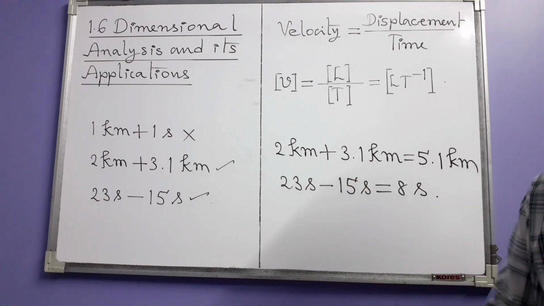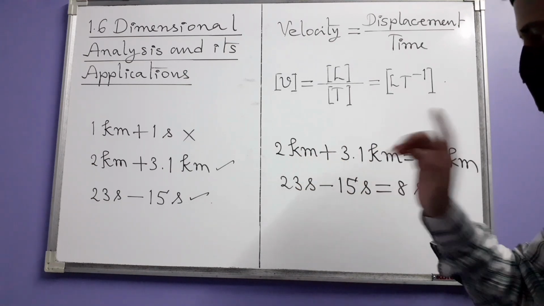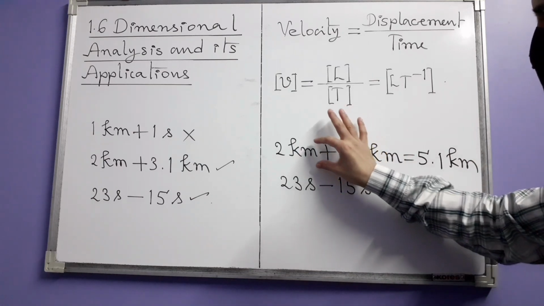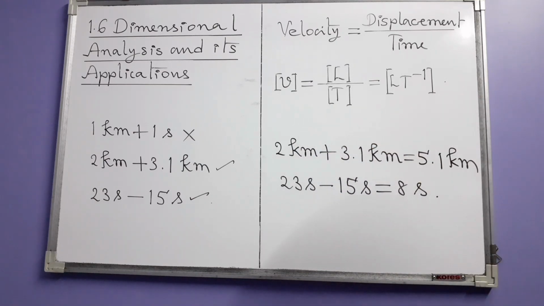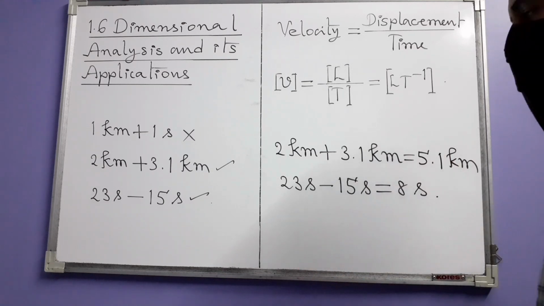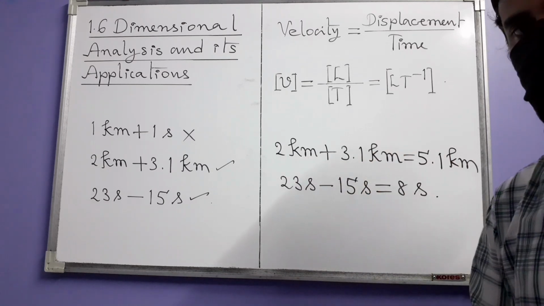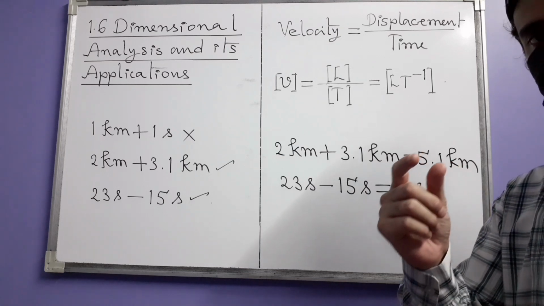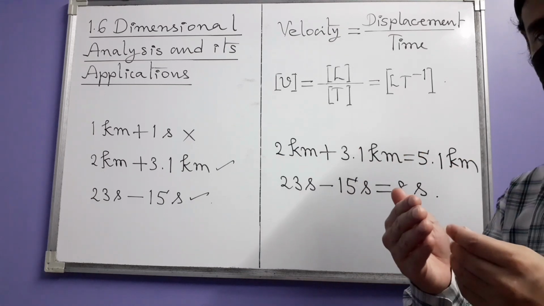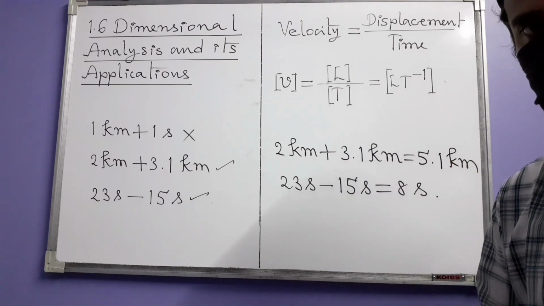But plus is involved. Does that not affect the dimension on the left hand side? No, because you are adding quantities having the same dimension, though not exactly the same quantities because the measurements are different. So addition or subtraction does not change dimension.